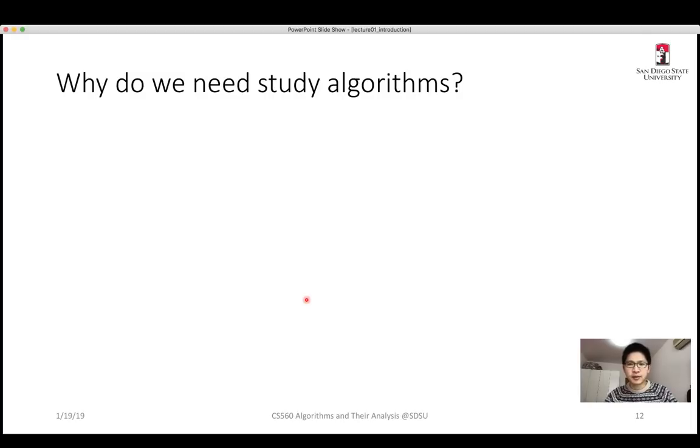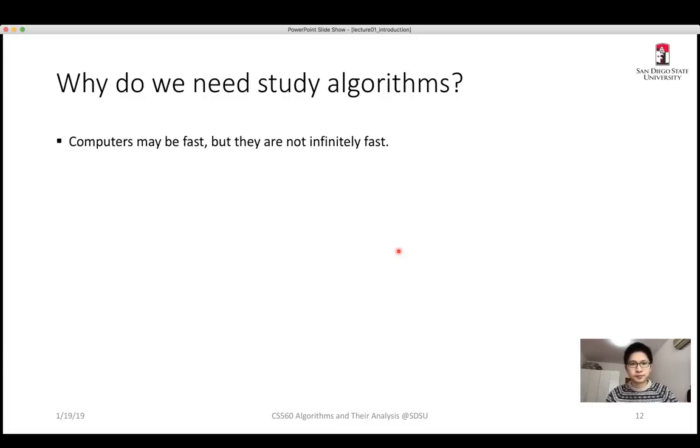To check whether an algorithm is correct is a relatively easy task, because we just let the algorithm run once, and if the output is correct, then we say that algorithm is good. Then why do we need to care about more aspects other than correctness? Why do we need to care about efficiency, like how fast the algorithm runs, or how much memory an algorithm costs?